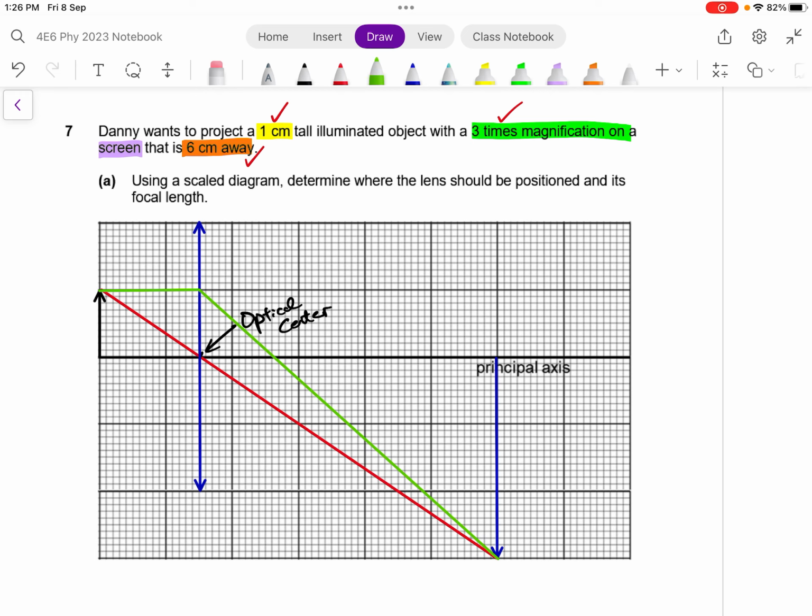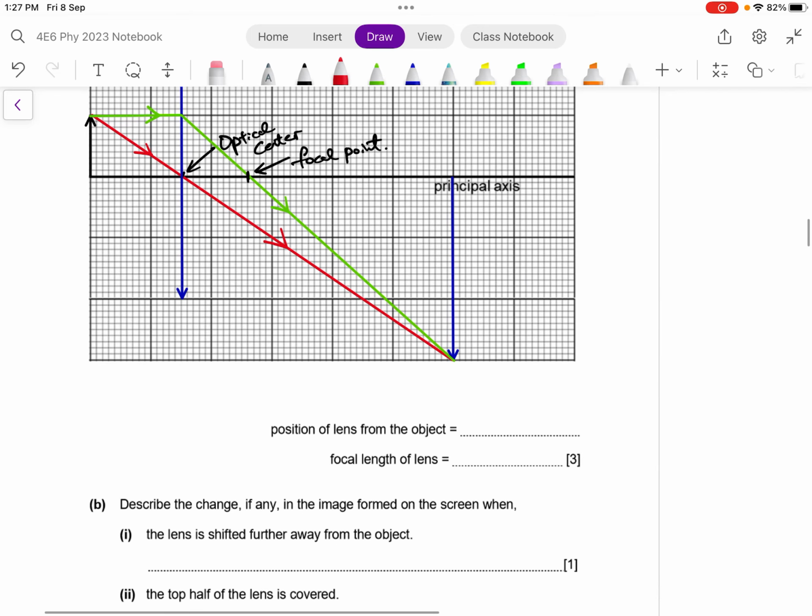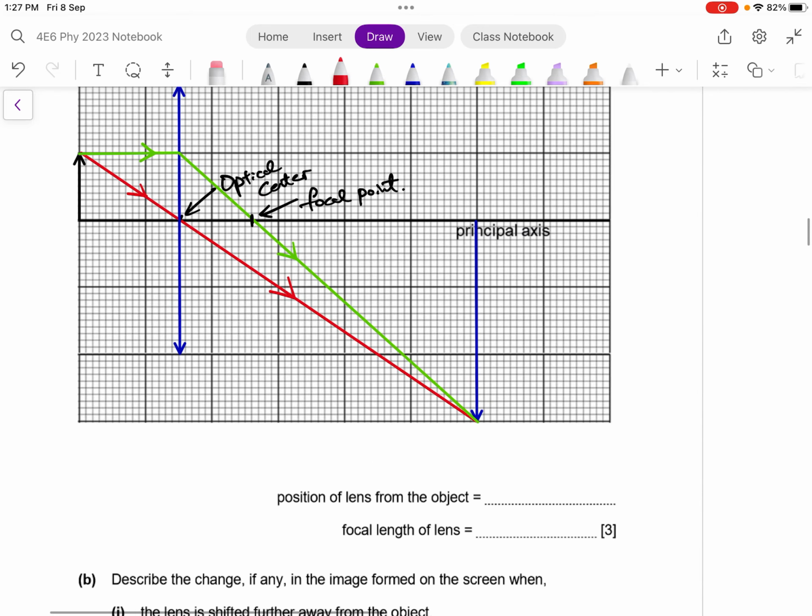And the place where this ray cuts the principal axis, this will be my focal point. So once I have all this, I just need to add in the convention of the thing, and basically I can answer these 2 questions here.